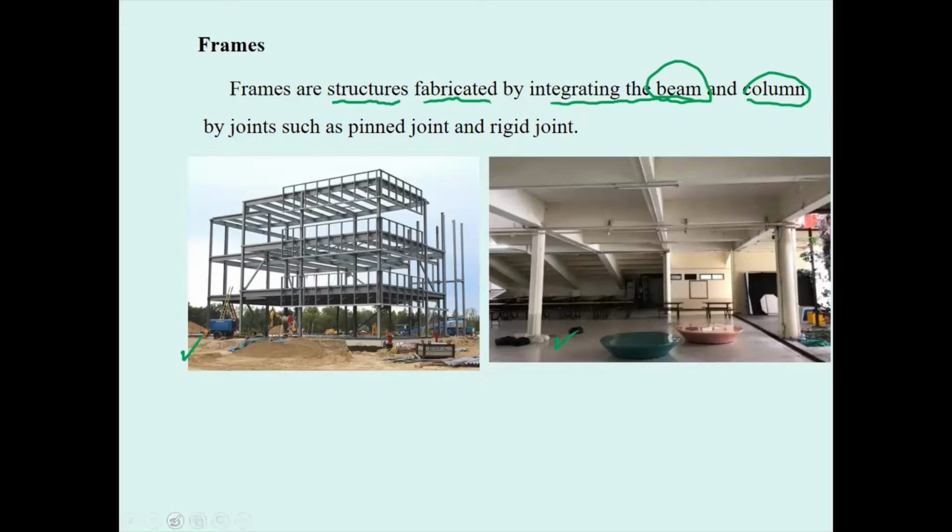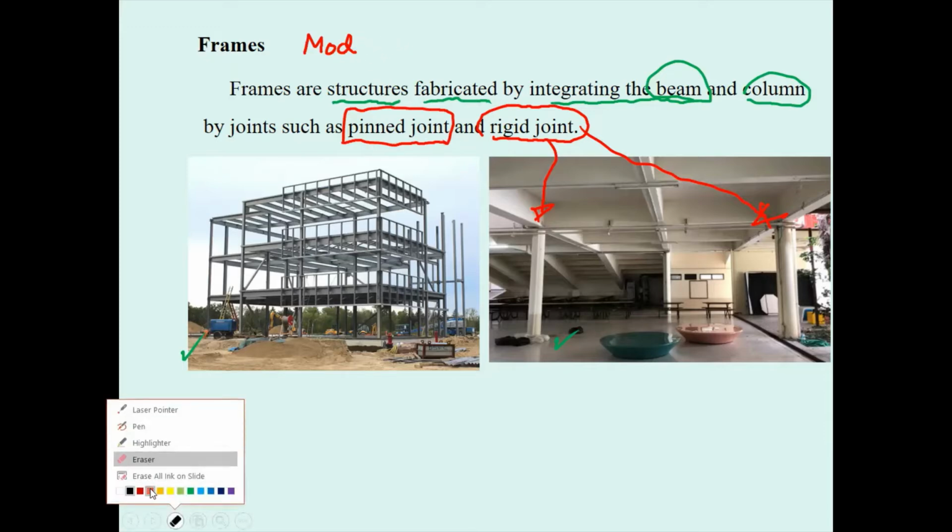Because of the construction of reinforced concrete frames, most of the joints between the column and the beam are rigid joints. However, when you consider steel structures, some may be connected by rigid joints, and some by pin joints. So what is also very important for an engineer is how we model the structure.